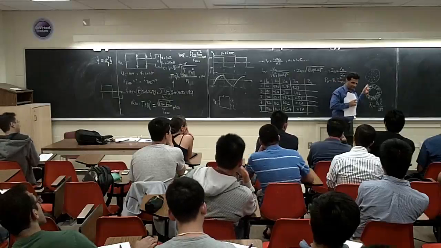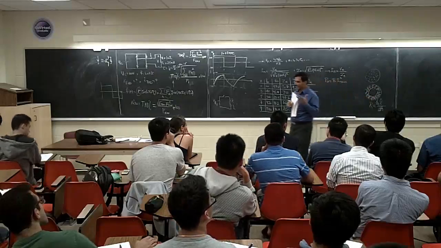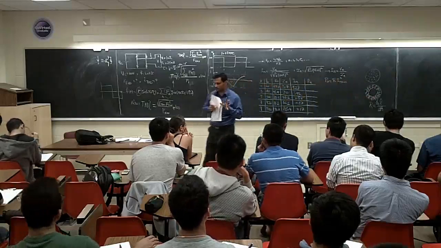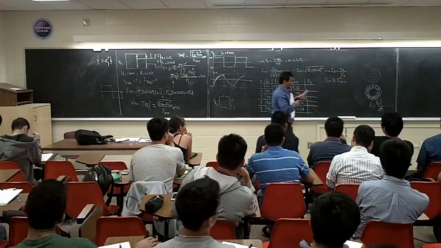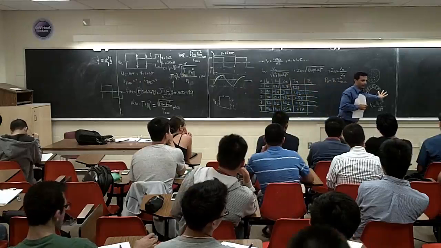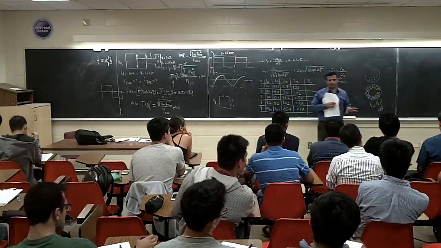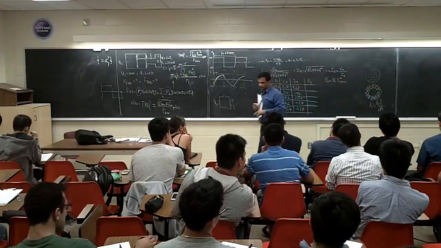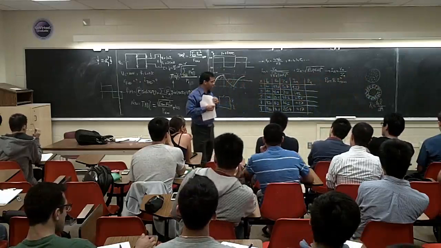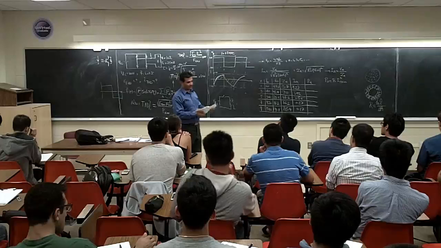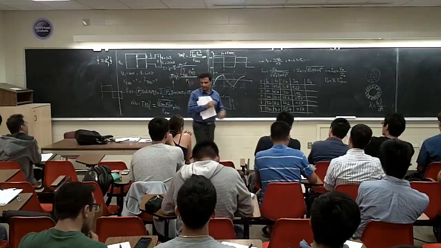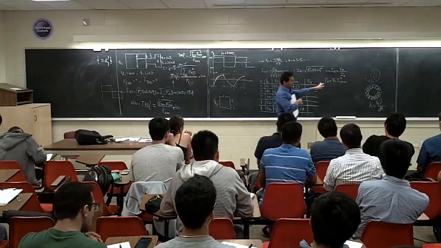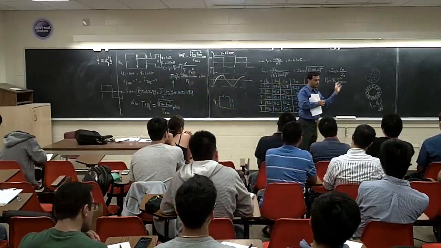They call it AC resistance. If you hear somewhere about the AC resistance, don't be surprised. There's a DC resistance and there's the AC resistance. AC resistance is talking about the skin effect and those kinds of things, causing an increase in the actual resistance of the wire. But for this course, R is not a function of frequency. R is fixed. So every harmonic is going to give us this much power.